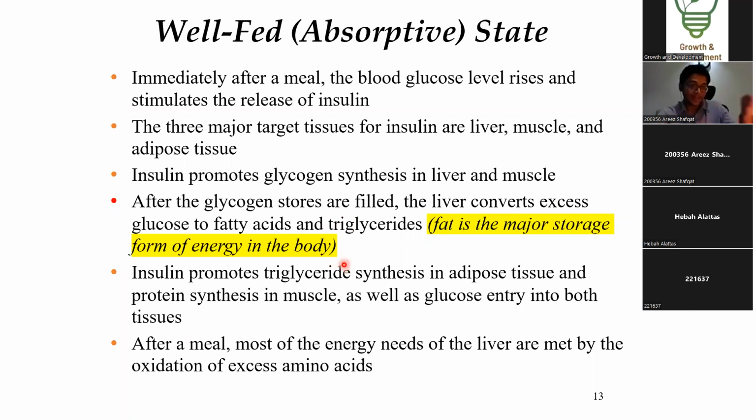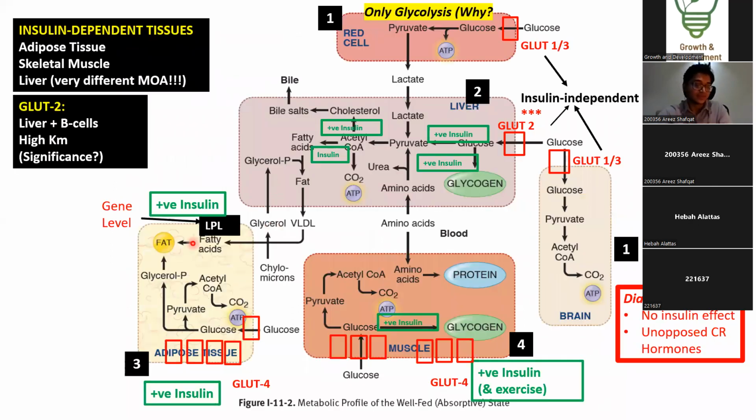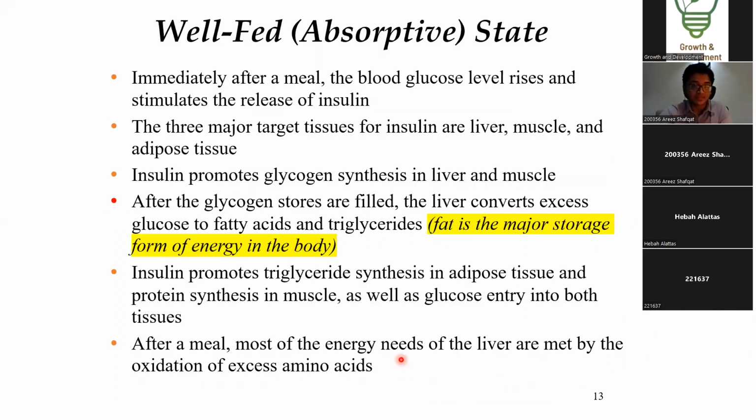Insulin at the same time activates lipoprotein lipase at the gene level to hydrolyze triglycerides into fatty acids and glycerol. Glycerol will go back into the liver. Fatty acids will go into the adipocyte. Insulin at the same time activates glucose uptake into adipose tissue by activating GLUT4 expression. It also does this in the muscle. Okay.